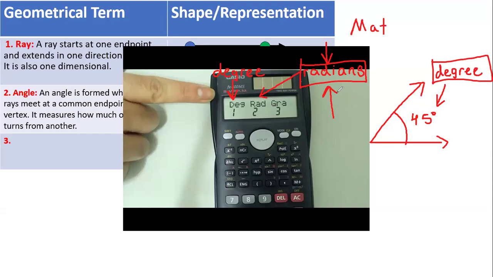Anyone whose major is math, engineering, biochemistry, architecture, you can encounter radians. So radians is another way we measure angles. It's not just degrees, it's also radians.